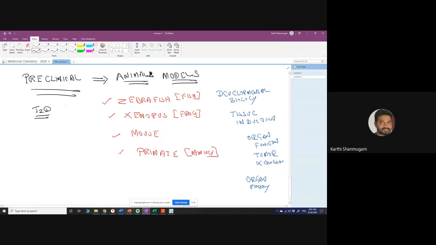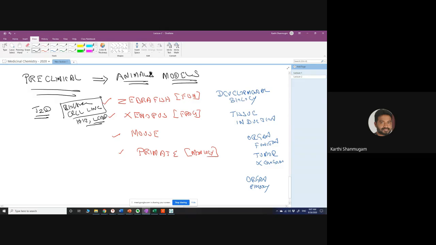So in the biochemical assays and in the cell line assays, initial screening, right? So you got some hit molecules and lead molecule, which you assume are promising on the biochemical and cell line assays, right? So now you wanted to evaluate this molecule in the human system, but very unfortunately we cannot directly do that. So you have to perform now the preclinical studies.